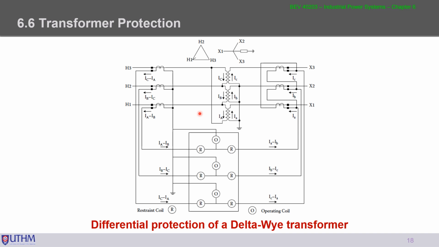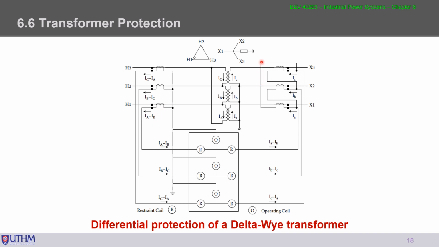As we can see here, IB and IA, the capital letters, represent the phase current, and this one is the line current. For the primary side, the line current for line 1 is IA minus IC, line 2 is IB minus IA, and line 3 is IC minus IB.